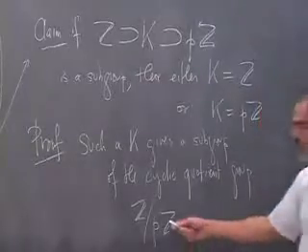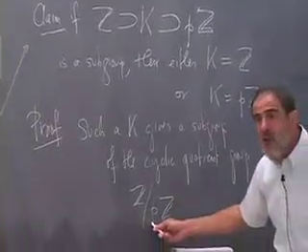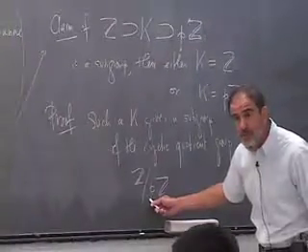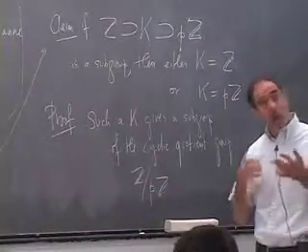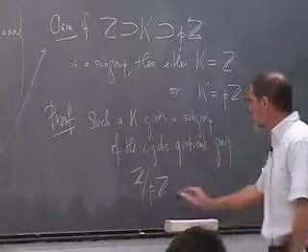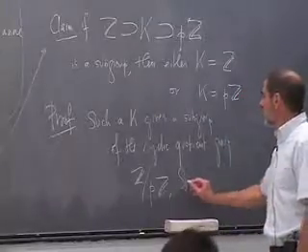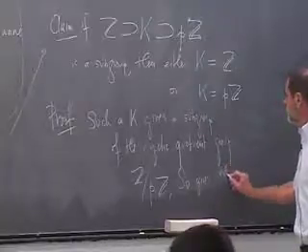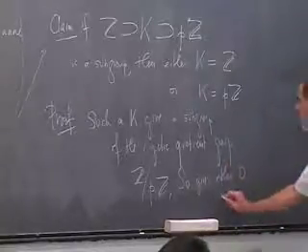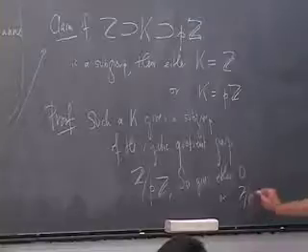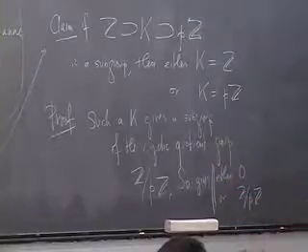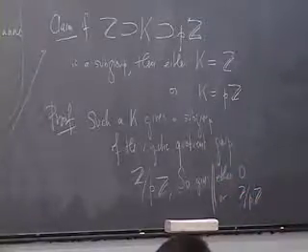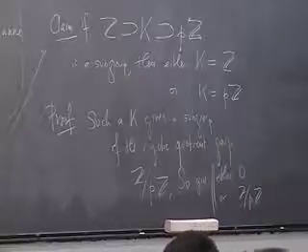We showed that a group of prime order has no non-trivial subgroups, because the order of a subgroup divides the order of the group. So it gives either the zero subgroup or the entire group. That was by our result about groups of prime order: they had no non-trivial subgroups.